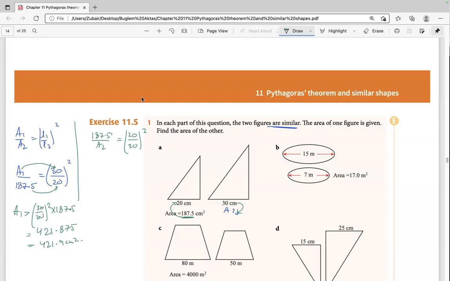What did you get? 3.7. You get 3.7. Do you think it is correct? It doesn't seem right. So what would have gone wrong? You would have switched those sides. Area of smaller against length of smaller. Quickly, another attempt.